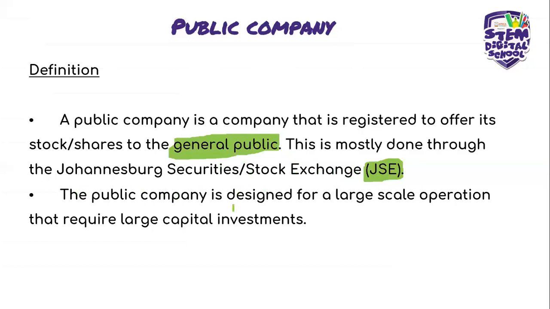The public company is designed for a large-scale operation that requires a large capital investment, right? So no wonder we need to have two kinds of getting capital: shares and loan. Because why? Because we've got large capital investments.